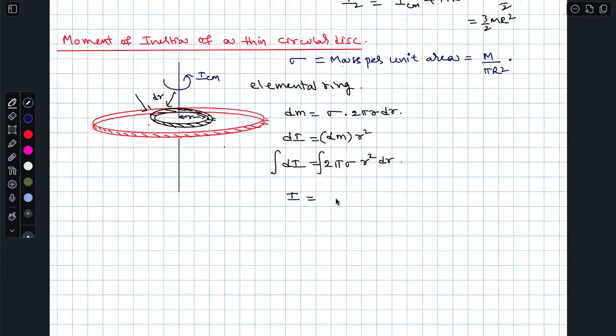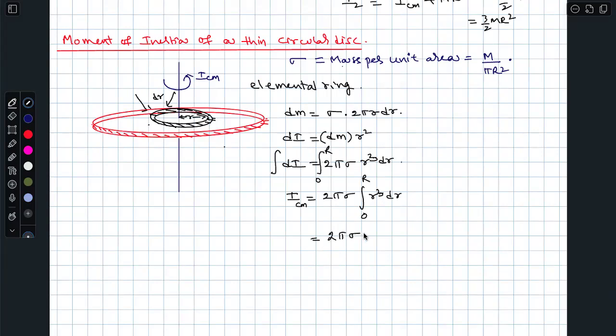The moment of inertia of this part is 2 pi sigma, 0 to capital R. Remember, this is ICM. Don't forget that. And you will get r cube dr, 0 to capital R. One minute. 2 pi r dr times r square, so r cube, right? R cube. Good.